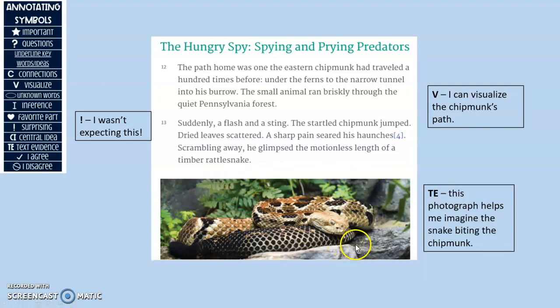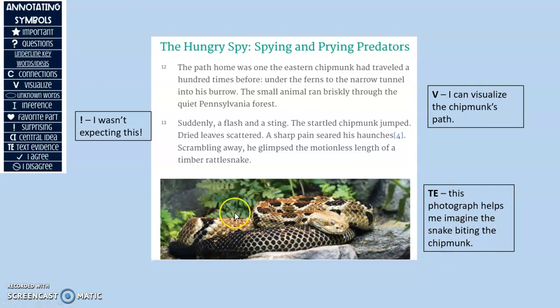Okay. I did want to point out that you can absolutely use your text features, like photographs or charts or graphs or illustrations or maps, or any of those text features that you're many times given in nonfiction text. Absolutely use those to annotate. I wasn't real sure what to mark this one because I think it really fell under visualize, but I also marked it as text evidence. And I wrote, this photograph helps me imagine the snake biting the chipmunk.